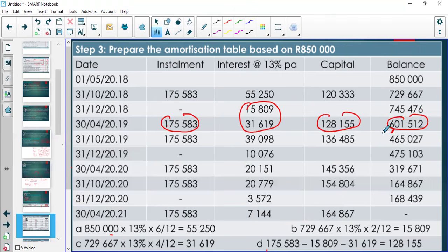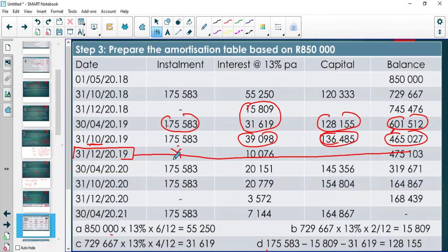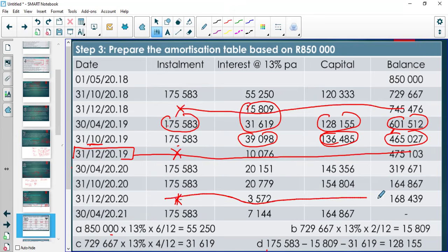Based on this balance again, we calculate for 6 months, we get this. Then this is the balance, and this is the capital repayment, and this is the new balance. But this is paid in October. So we also need to account for the 2 months, November, December, for which no payment is made, because we want to report now. So this one, where you see a dash because there's no payment, is just for financial reporting purposes. It's not like we made a payment.